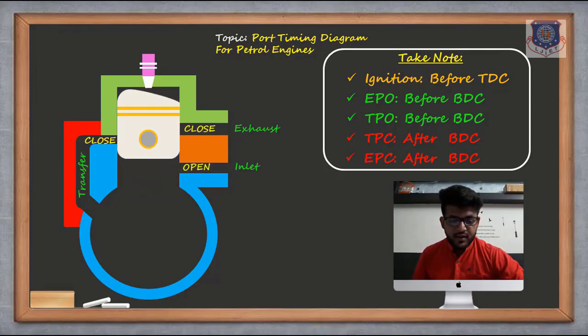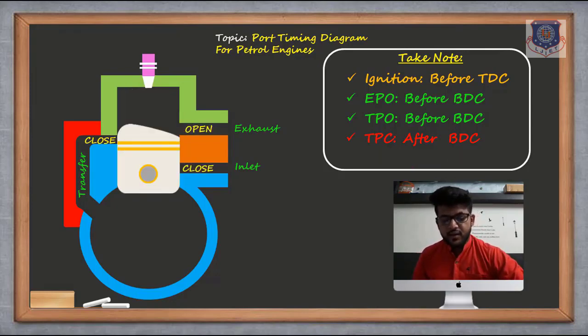I am repeating this step again. In that case, the transfer port is closed, the inlet is also closed, and the exhaust is open. We have only written that the transfer port is closed because we are only taking into consideration what the combustion chamber sees, that is only the transfer port and the exhaust port.